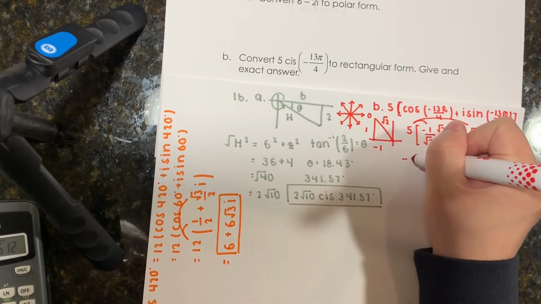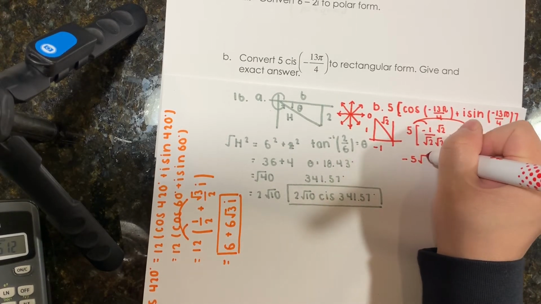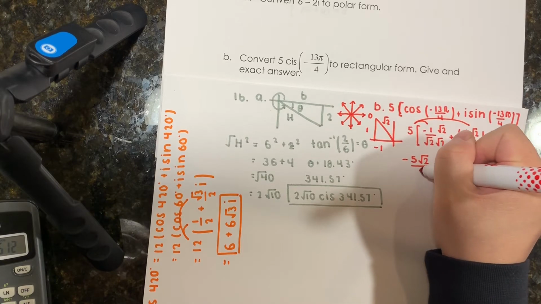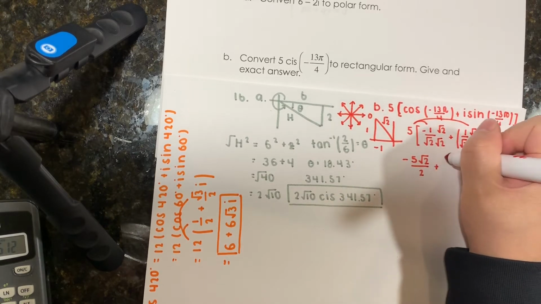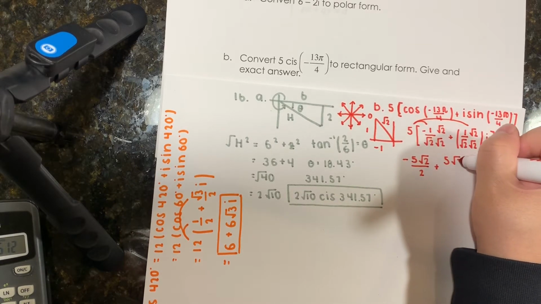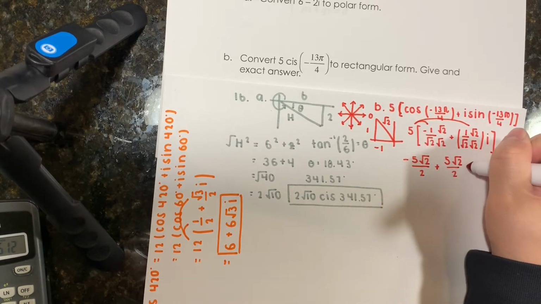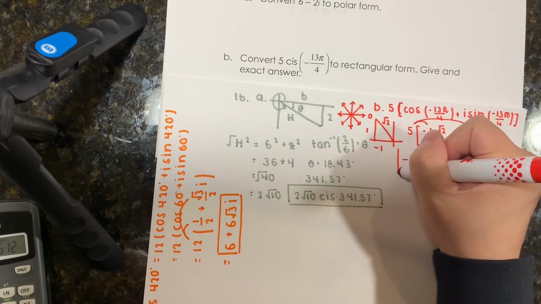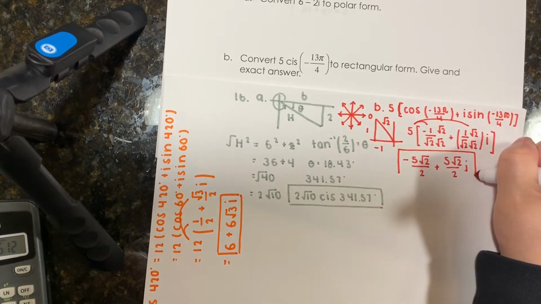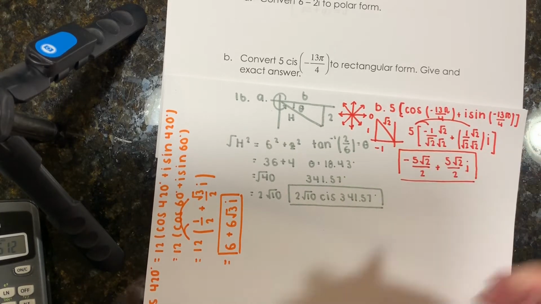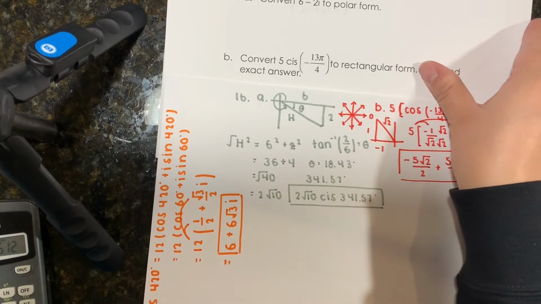So your answer is going to be negative 5 root 2 over 2 plus 5 root 2 over 2 I. And that's part B of 16.